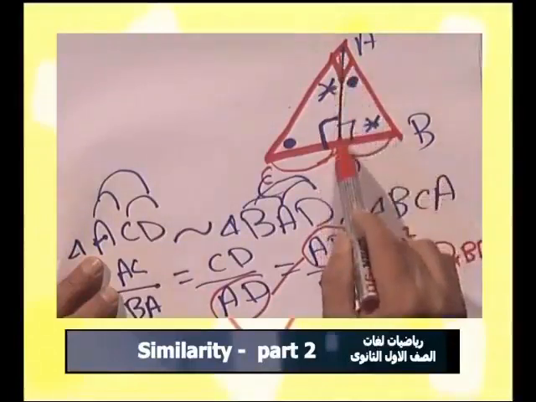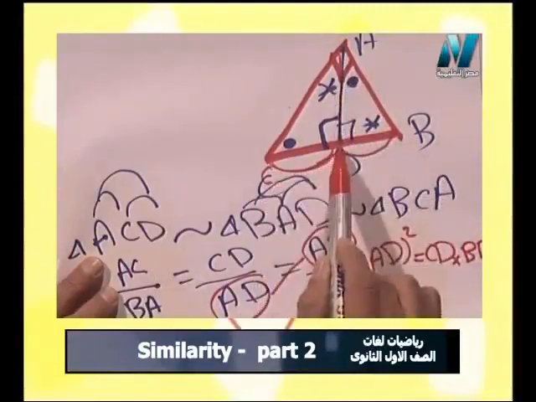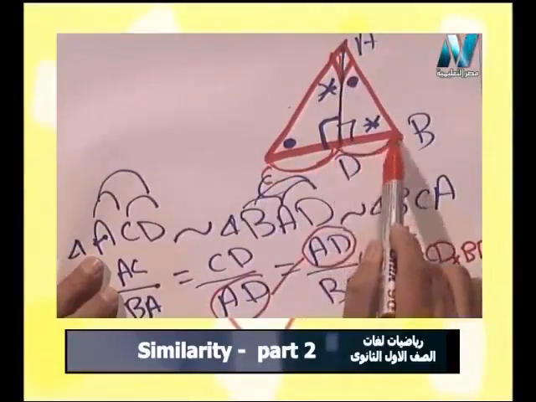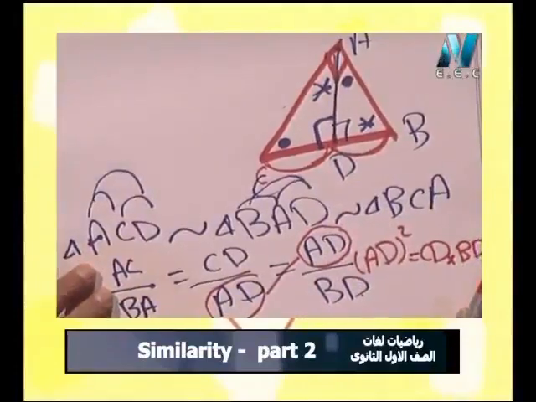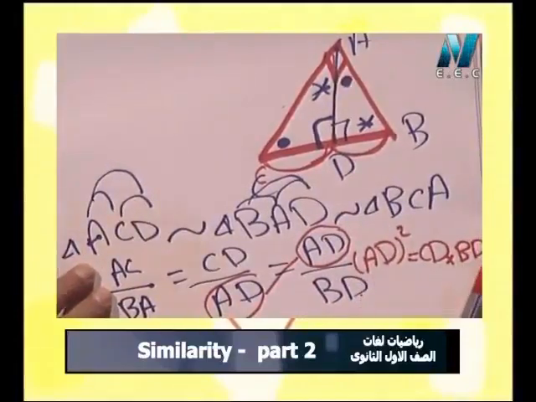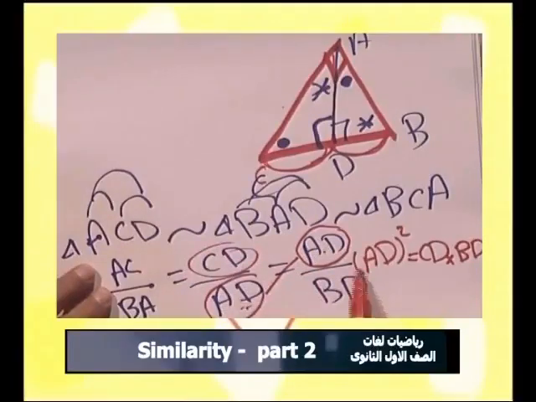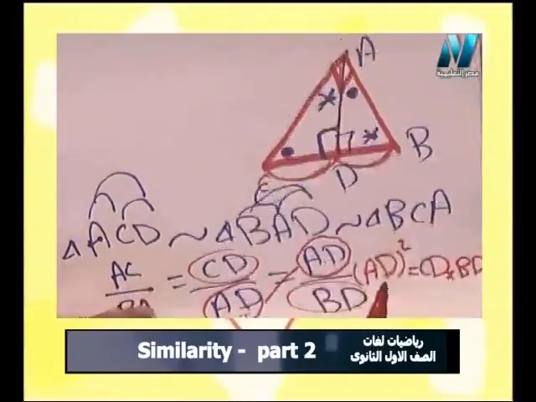AD power 2 equals CD multiplied by DB. So from similarity now we have proved that AD times AD equals AD power 2, and the answer will be CD times BD. Let's go to another thing.